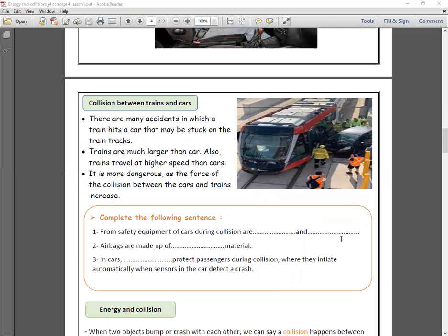One of them is very heavy and moves with a very large speed, and the other is slower and lighter.